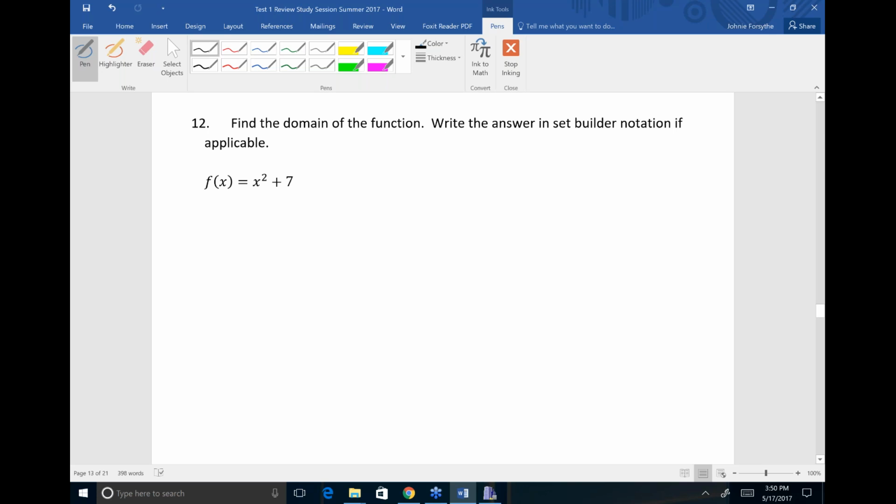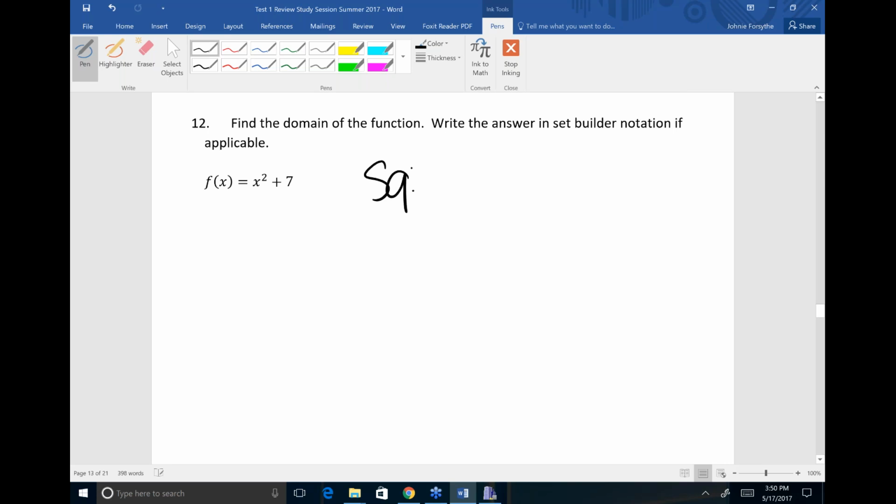So your domain is either all real numbers, which means your x values can be any value in the real number system, or it could be most of the numbers excluding a certain value, or it could be a smaller range of numbers.